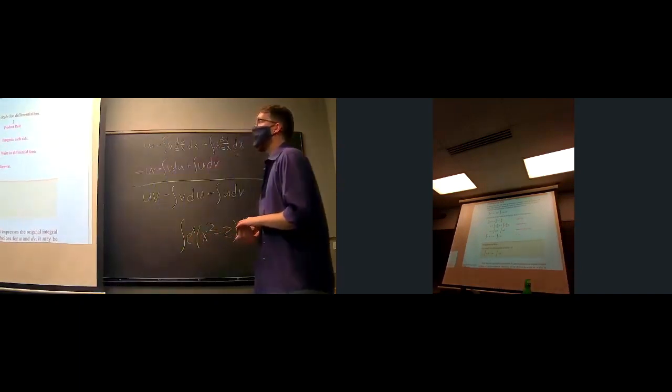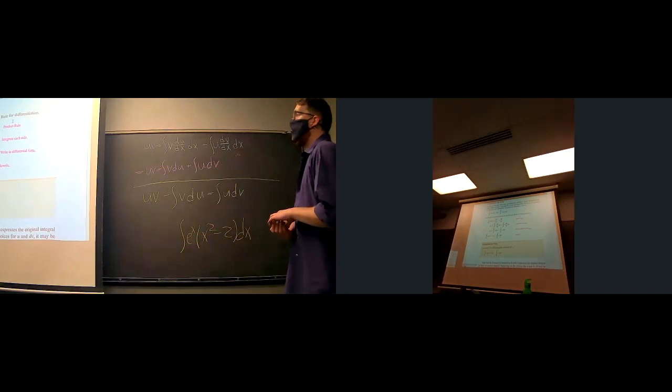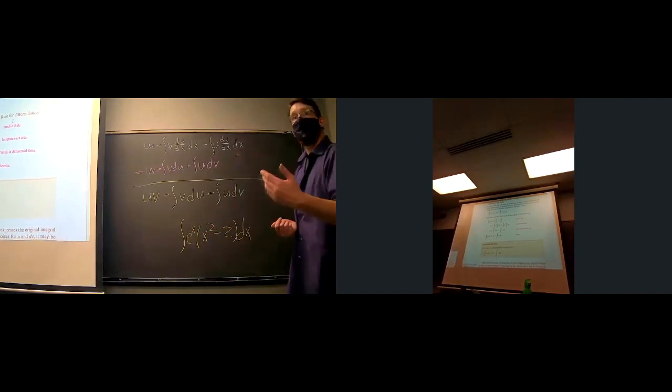So as an example, the book uses two functions. The book has these two examples, x squared e^x and x ln x. Notice there's no way we can integrate them up to this point.